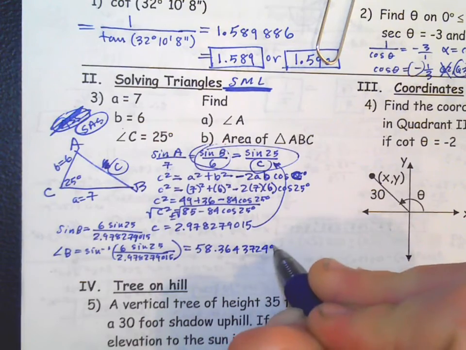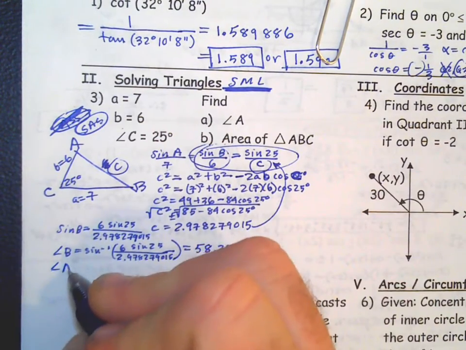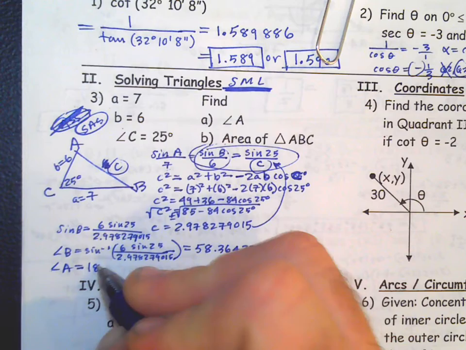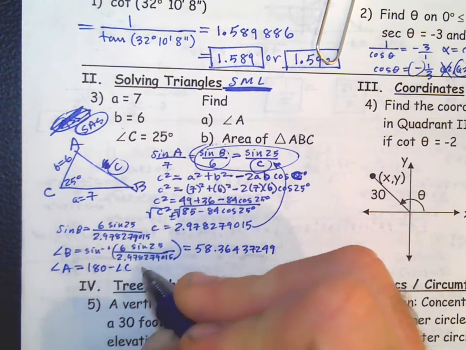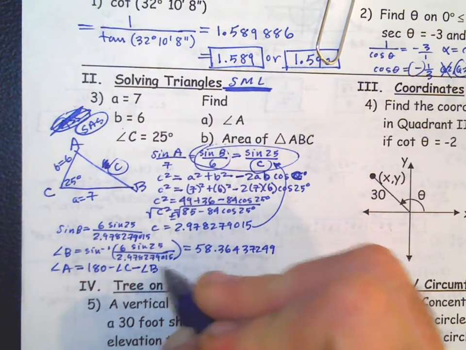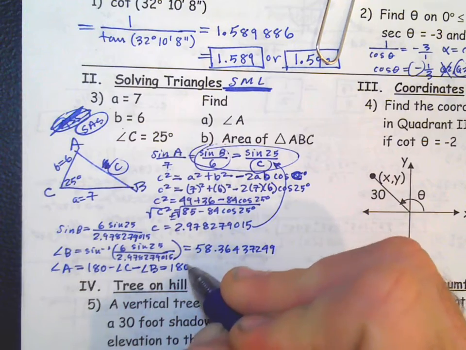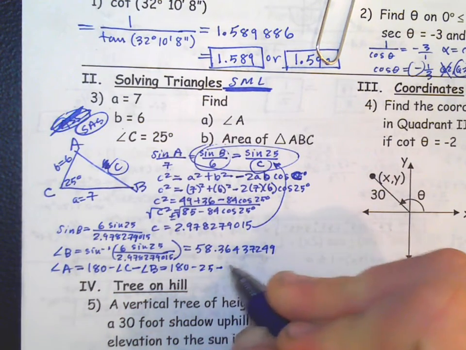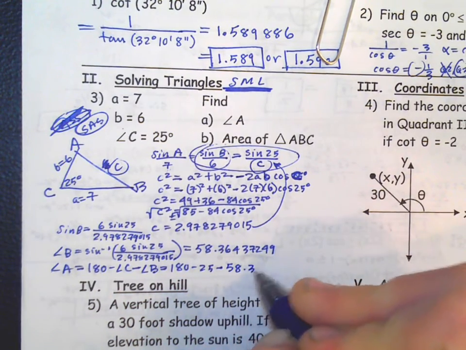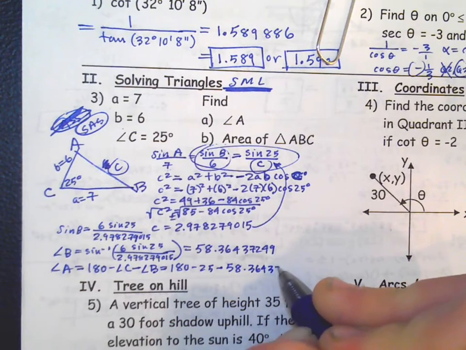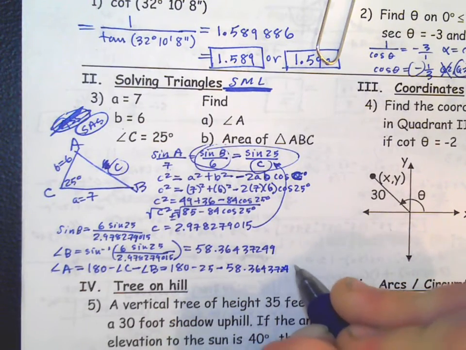So let's see, that's 58.36437249. So then angle A, the way we're going to find angle A is the sum of the angles of the triangle, 180 minus angle C minus angle B. So 180 minus 25 minus 58.36437249.